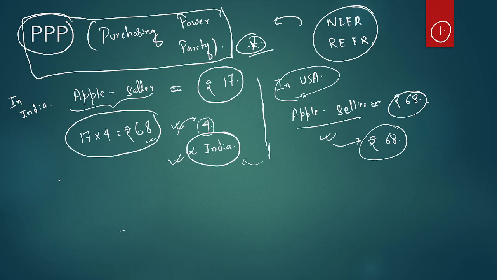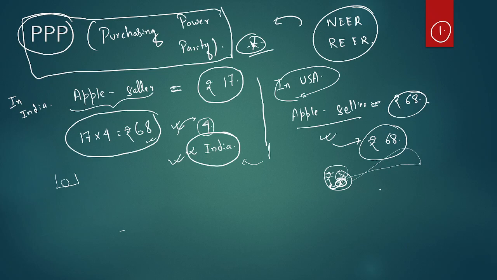So can we say we put this apple in the basket, and when you compare both the countries, let me make another assumption so that it is precise and easy to understand.